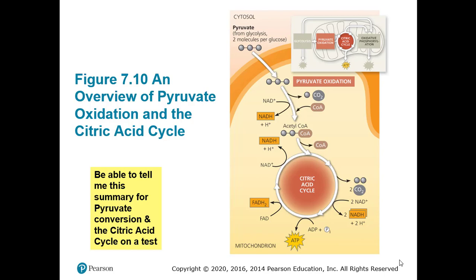Okay? Now, for the citric acid cycle, you do not need to tell me all of the overall steps, but we'll see that here. You go from a 2-carbon molecule back to a 3, to a 4, to a 5. Okay, so it goes through a whole series of steps. Throughout this process of the citric acid cycle, as the acetyl-CoA is converted, you're going to get 2 carbon dioxides.